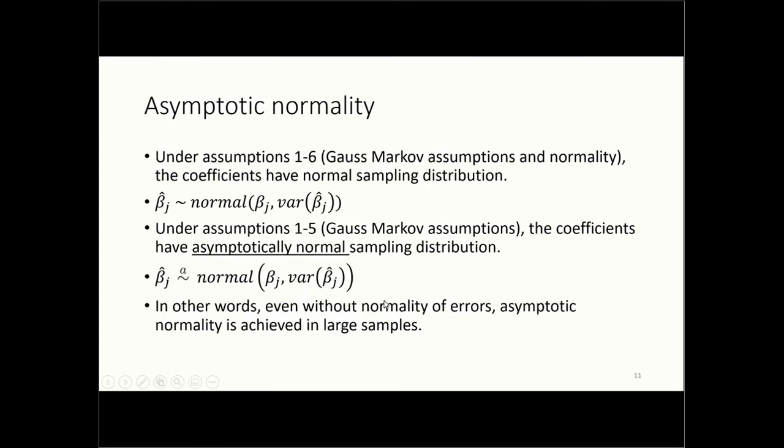So even without normality of the error, assumption 6, the asymptotic normality would be achieved in large samples. That means that even if the normality assumption fails in small samples, if we increase the sample size to become large, we can use all of the tests as if we have the normal distribution.